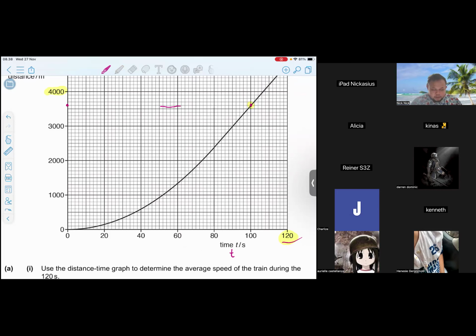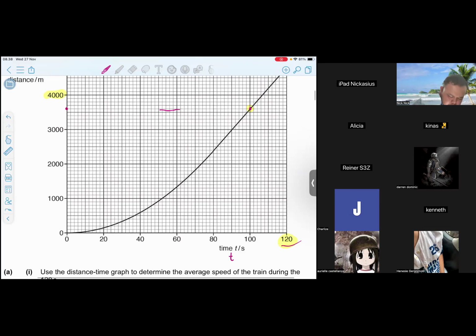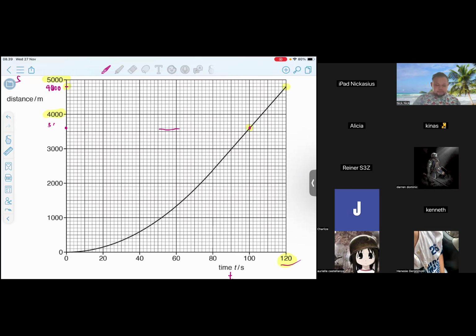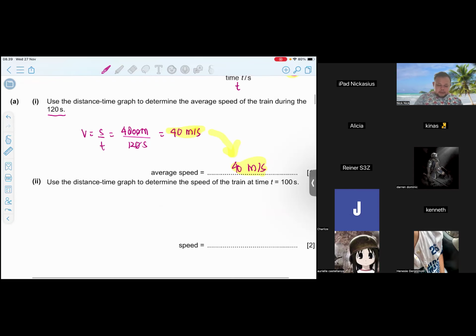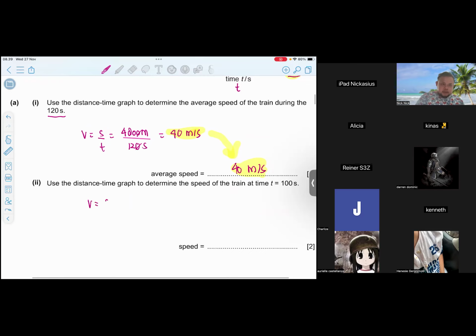Okay, so it is 3,000, 3,600. Am I correct, students? Yes. Speed equals S per T, right?